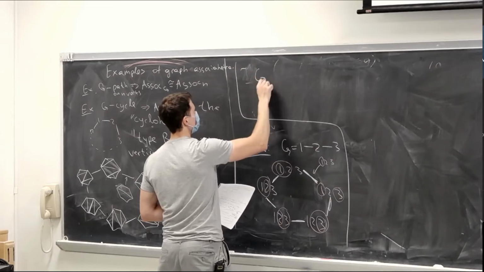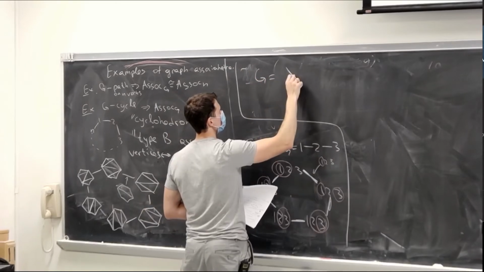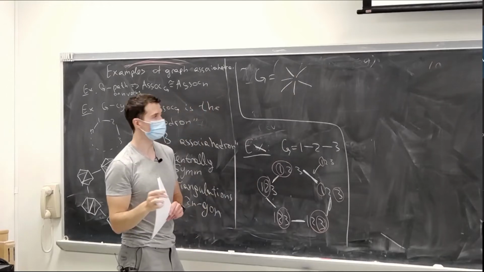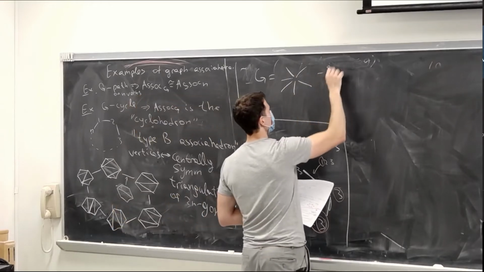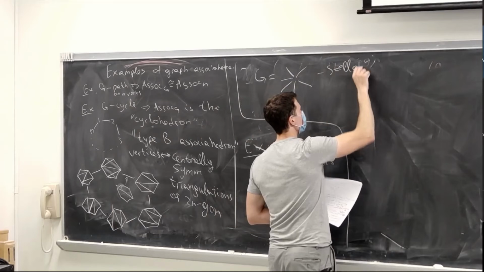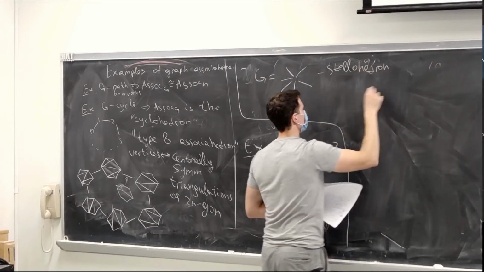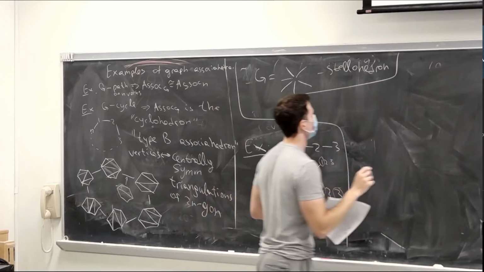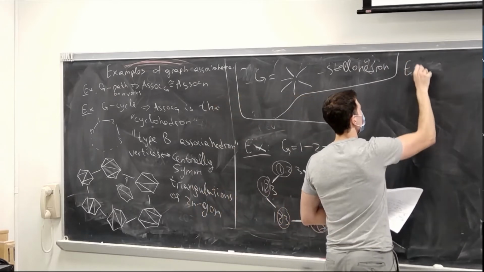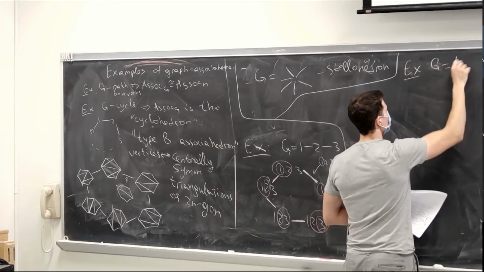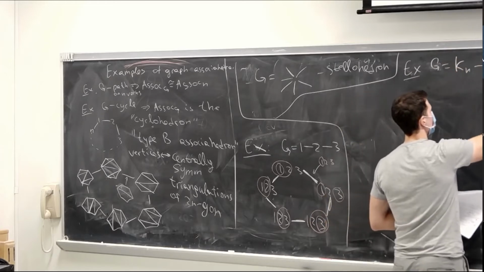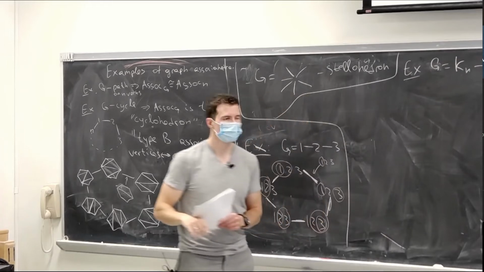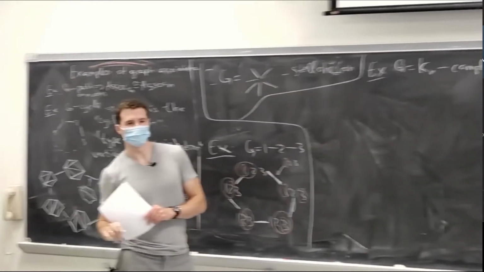If G is a star like this, then you get a polytope called the stellahedron, which I'm not going to discuss today. But finally, let me mention one more nice example. Let's say G is the complete graph. What's going to be the polytope?